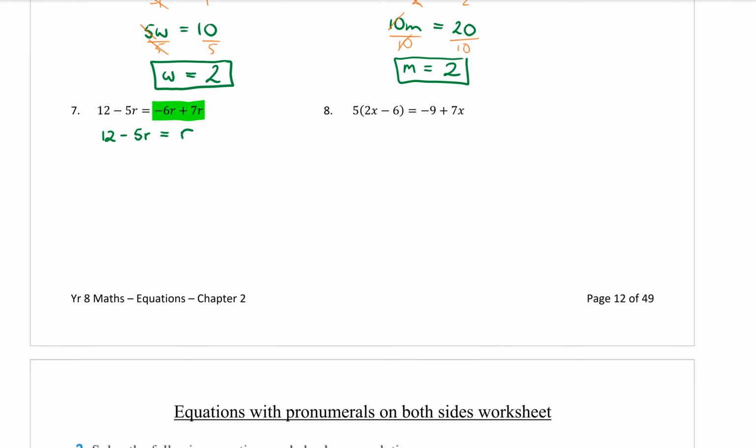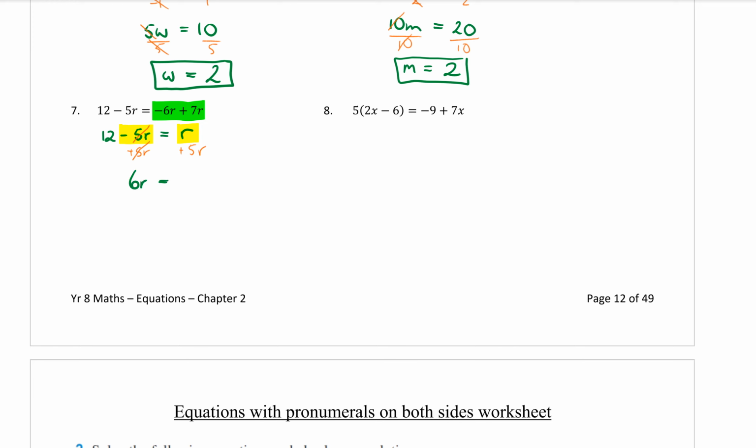Now I have just got an r term on that side and 1 on that side. Minus 5 is smaller than 1, so I want to do the opposite of minus 5, which is to plus 5r. This term will cancel off. Let's switch sides. So r, which is 1r, plus 5r makes 6r.